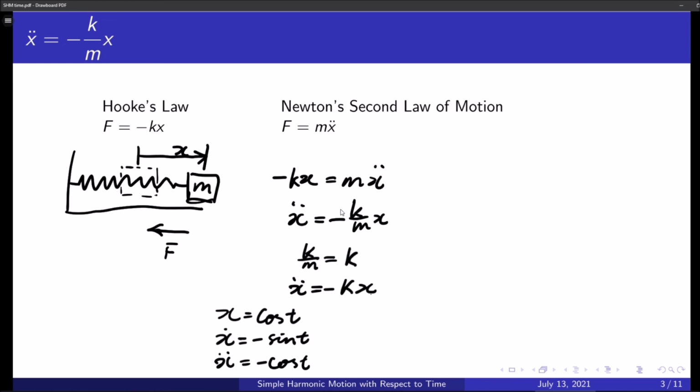Or of course, we can also say that different transformations apply to this.